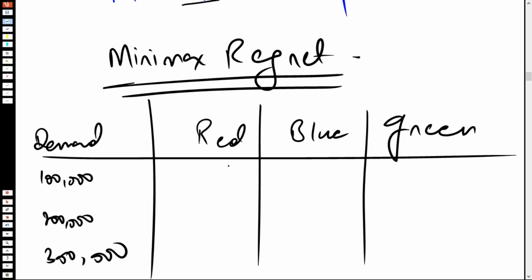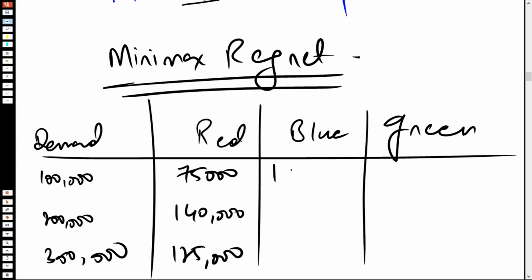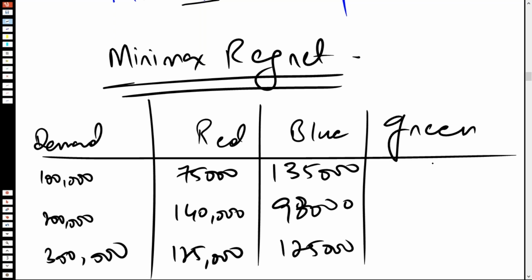Assume that you're being given the profits to be 75,000, 140,000, 125,000, 135,000, 98,000, and 125,000. No, let's consider it to be 120,000.